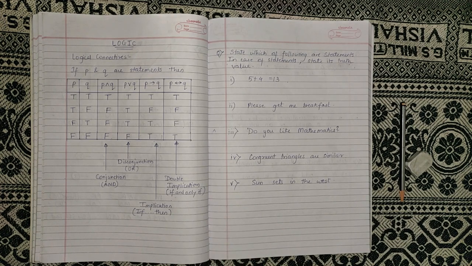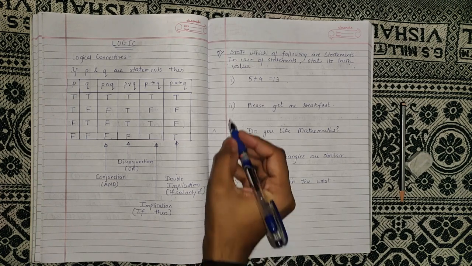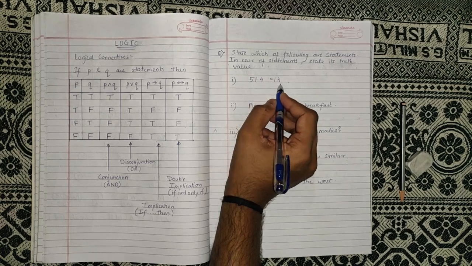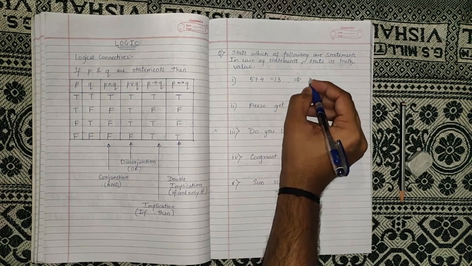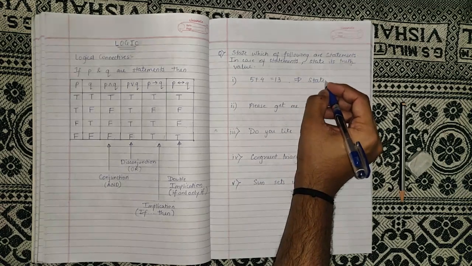Now the first one says that 5 plus 4 is 13. If you remember what a statement is, a statement is a declarative or assertive sentence. So here, 5 plus 4 is equal to 13 is a declarative or assertive sentence, so this is a statement.